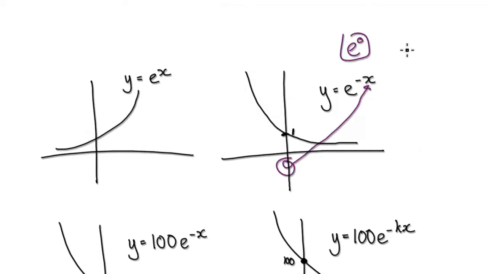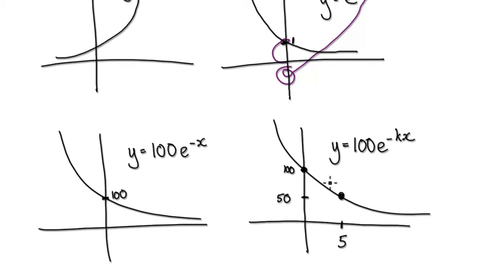E to the power of 0 is 1, so that's why it jumps to 1. But if you want a height of 100, then stick 100 in front of it. So instead of being 1 down here, it would be at 100. So now we are currently here.